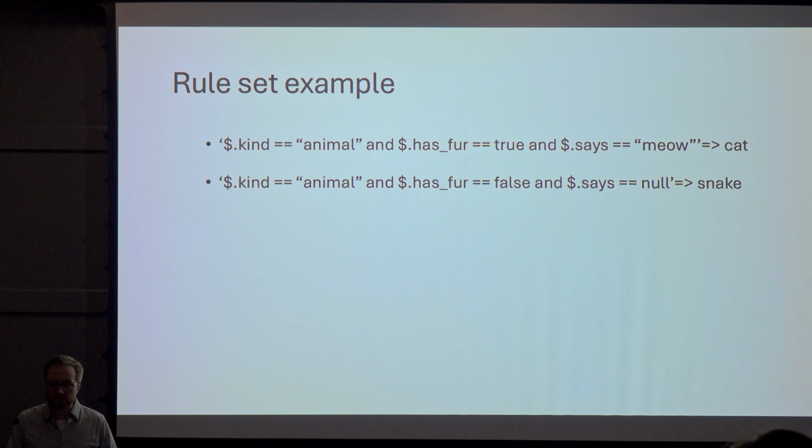The second rule checks the same, but it shouldn't have any fur, and it shouldn't say anything, right? Then we can say, well, it's a snake. So if the first rule returns true, it's a cat, right? If it returns false, then we check the second rule, and if it returns true, it's a snake. So something like that.